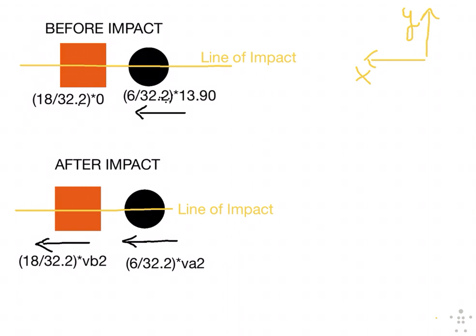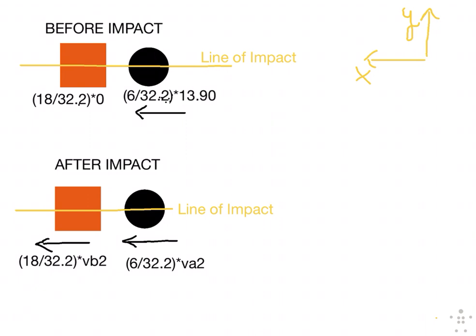Okay, so what I've drawn here are some momentum diagrams. Before impact, the box has a momentum of 0, so we have 18 divided by 32.2 times 0, no initial momentum.